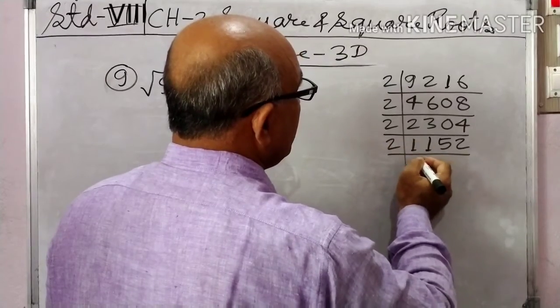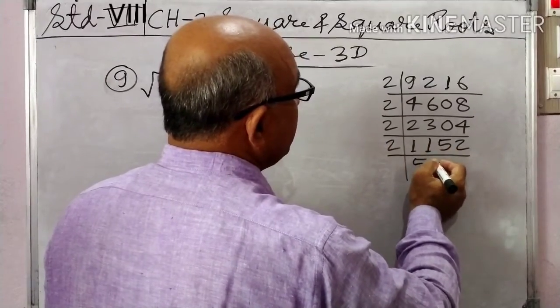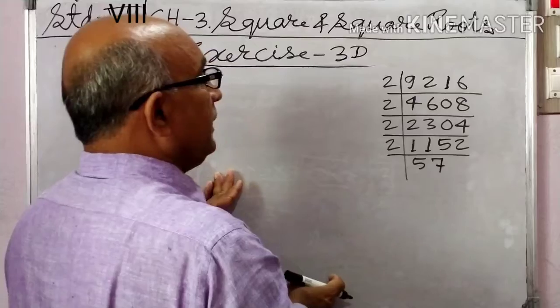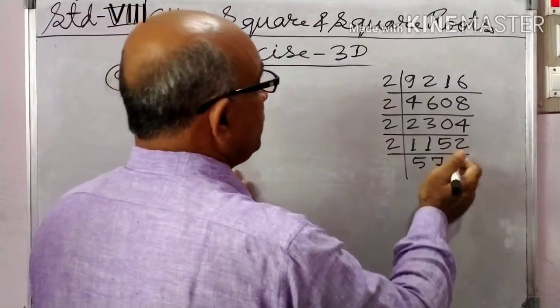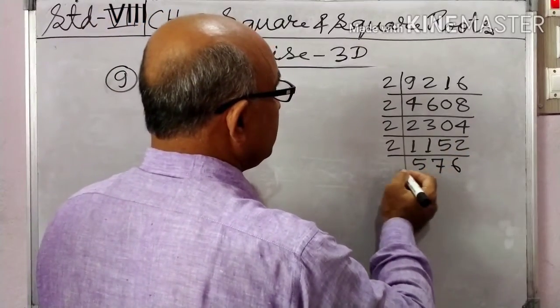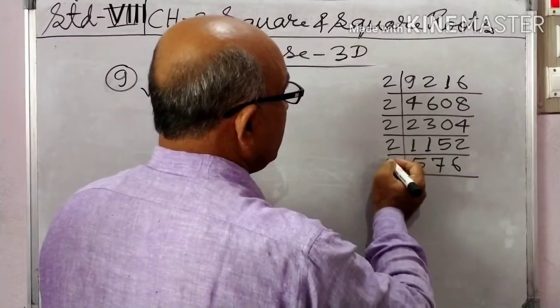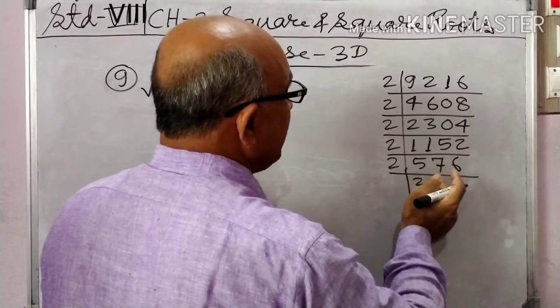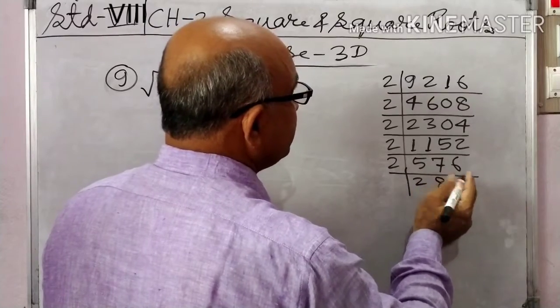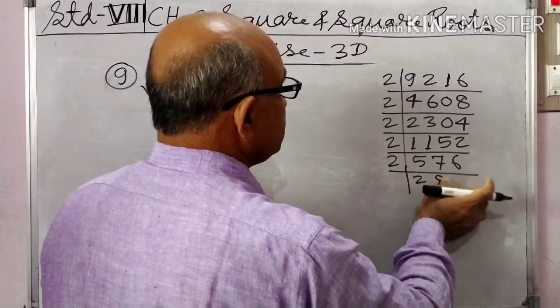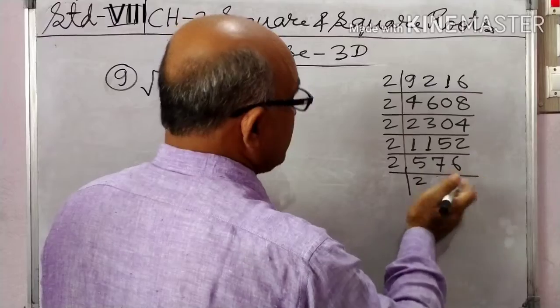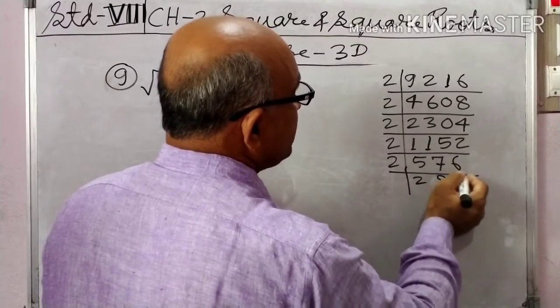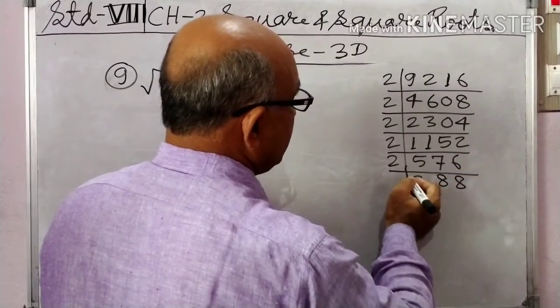Now 2 times 2 1 are 2, 2 5 are 10 and 2 2 are 4. 2 times 2 5 are 10, 2 7 are 14, 1 to 12, so 2 6 are 12. Again 2 times 2 2 are 4, 2 8 are 16, 1 6 16, 2 8 are 16.